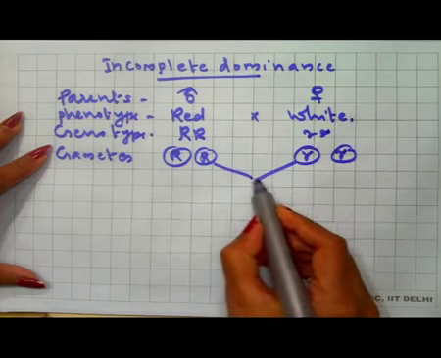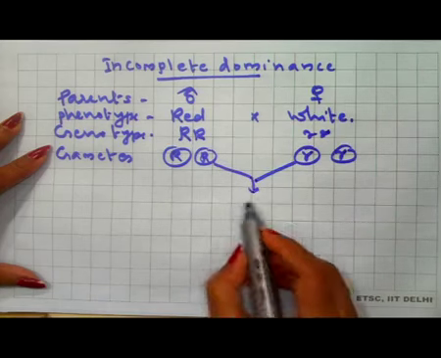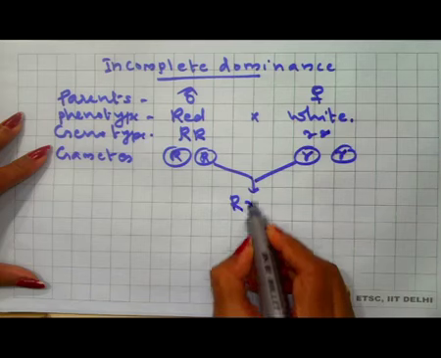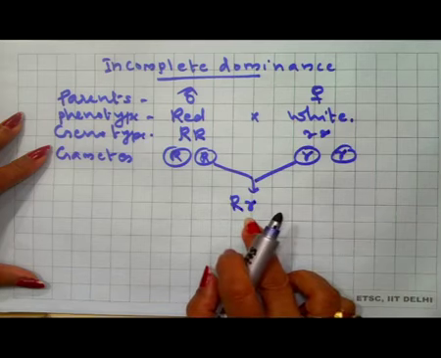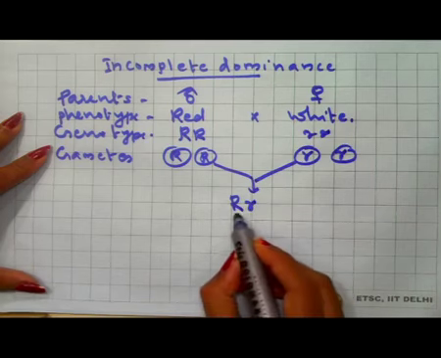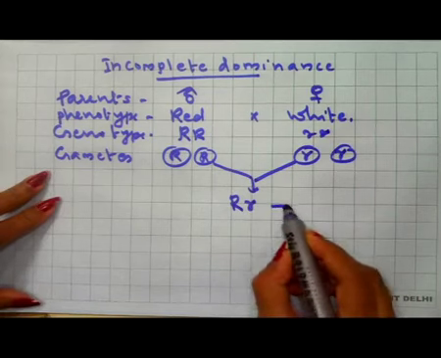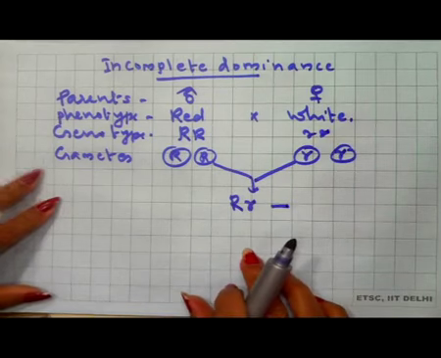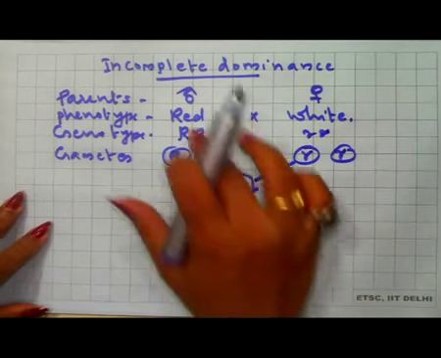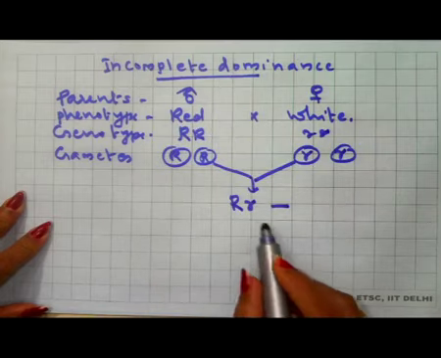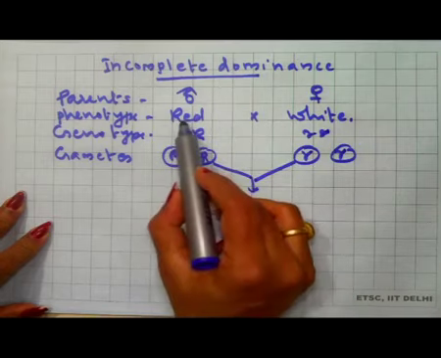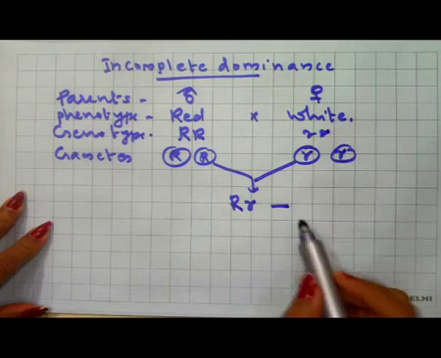In the F1 generation, capital R and small r alleles come together and produce an intermediate phenotype between red and white. We will never get red or white.